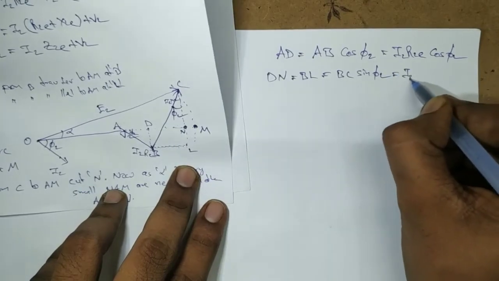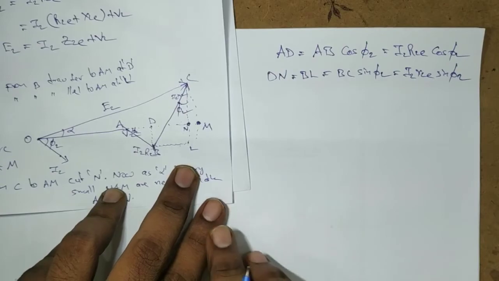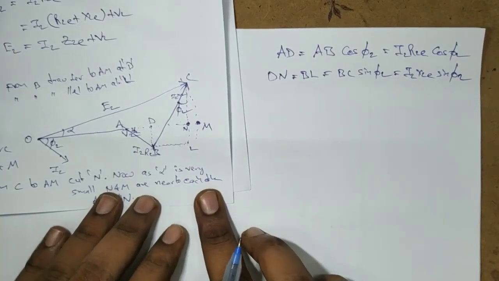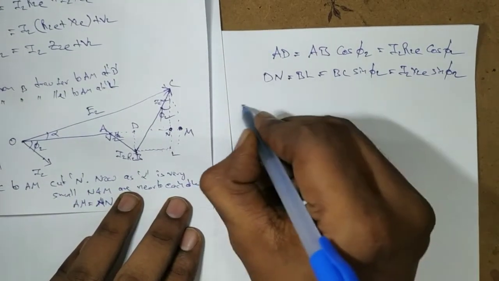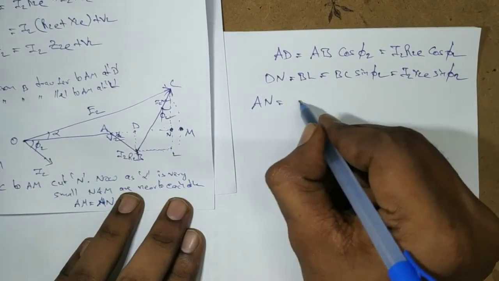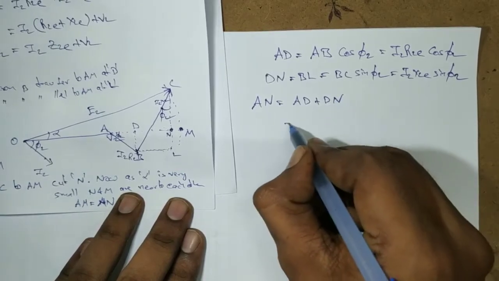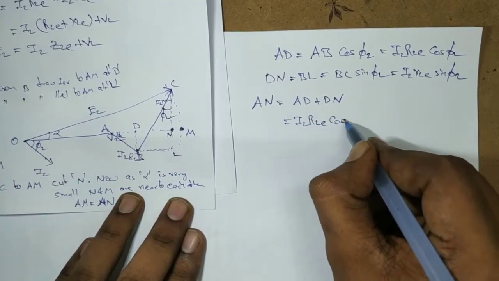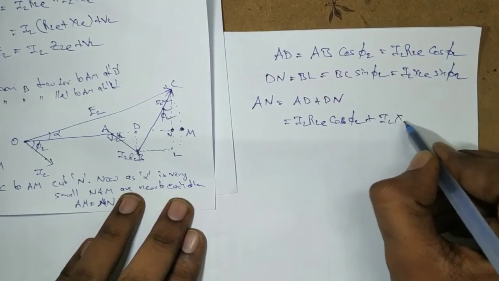So finally BL, or DN, will be equal to I2 X2E sin phi 2. Now the value of AN will be equal to AD plus DN. The AD and DN values we have just derived: I2 R2E cos phi 2 and I2 X2E sin phi 2.